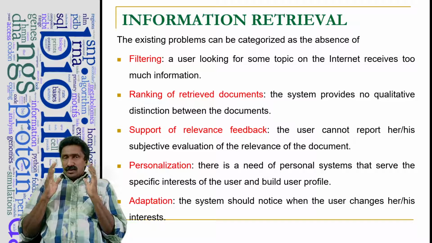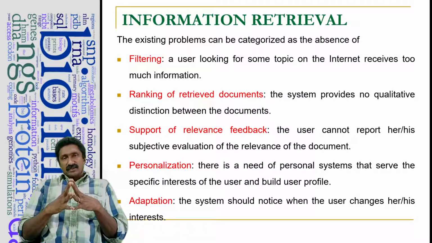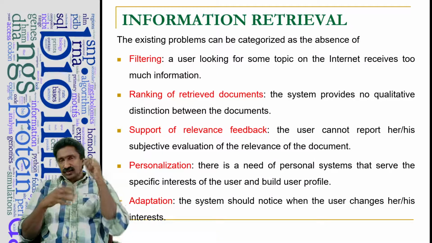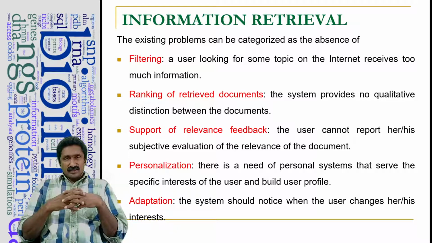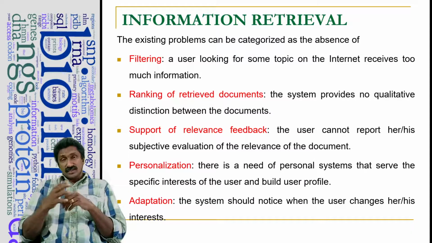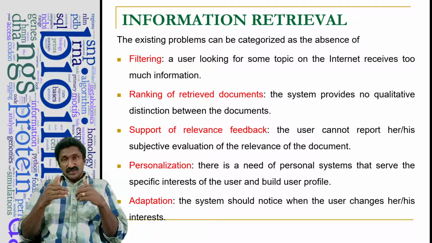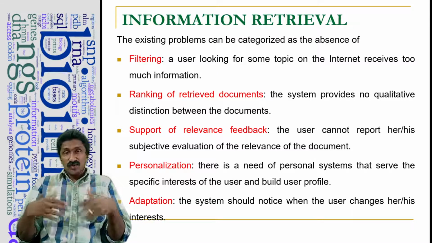Now, support of relevance feedback. The user cannot report his or her subjective evaluation on the relevance of the document, because Google or any such search engine will not ask for your feedback. Of course, in some cases, previously it was there: are you satisfied with your query result, or did you find what you are looking for?